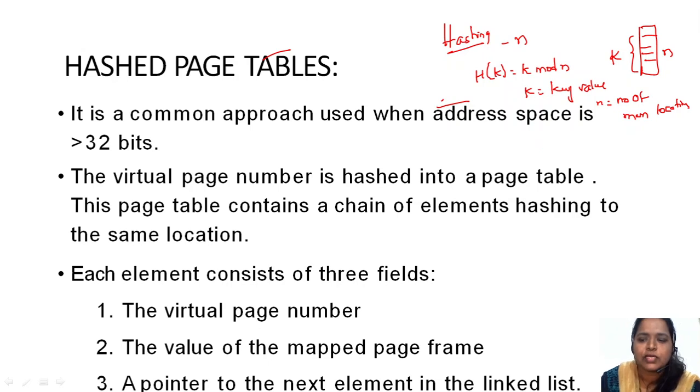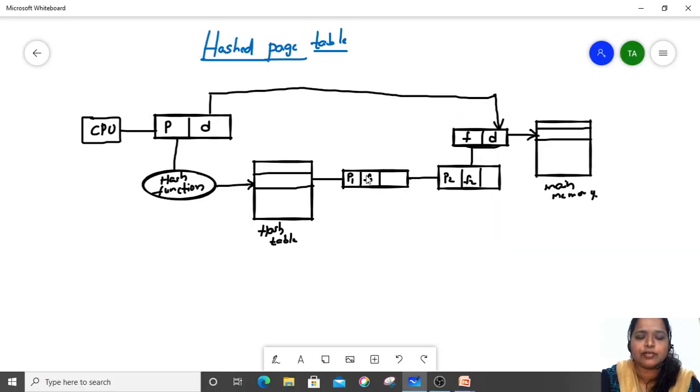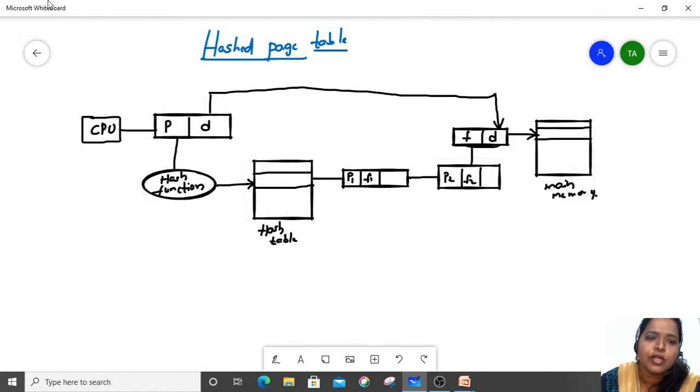Coming to the diagram, suppose this is the hash table function. Suppose the CPU generated a logical address. That logical address is divided into two parts: the page number and the displacement.